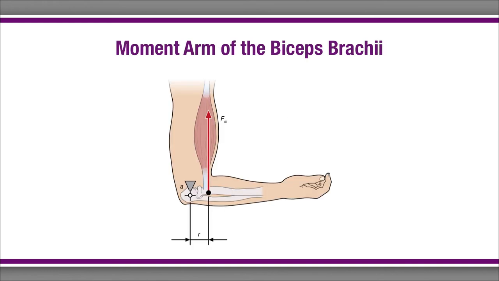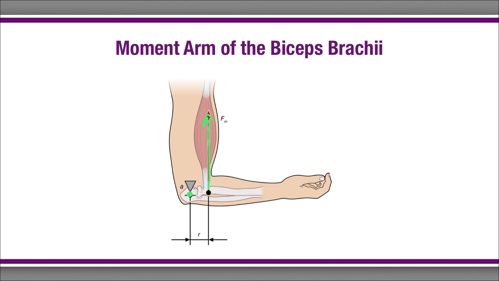And if we look at this biceps description relative to its moment arm in flexing the elbow, we have the muscle force of the bicep here. The axis of rotation is going to be the center of the elbow.